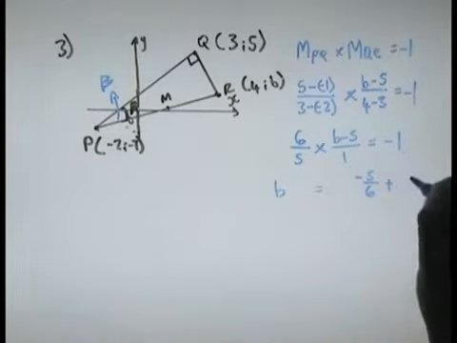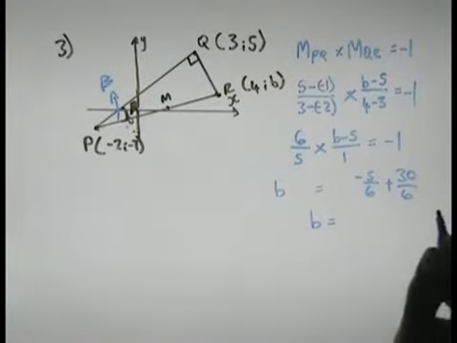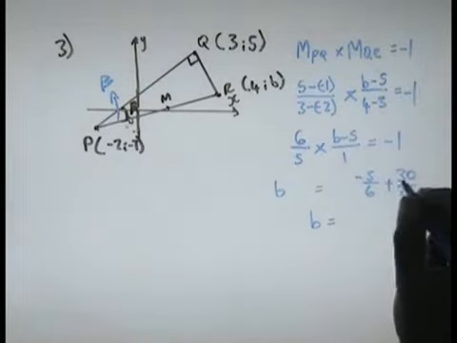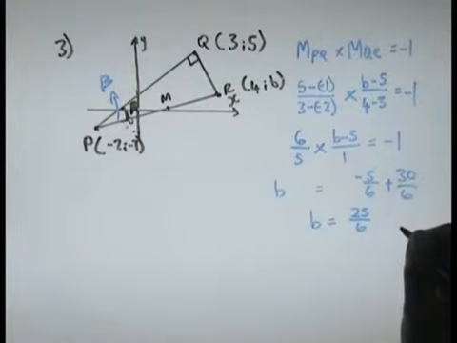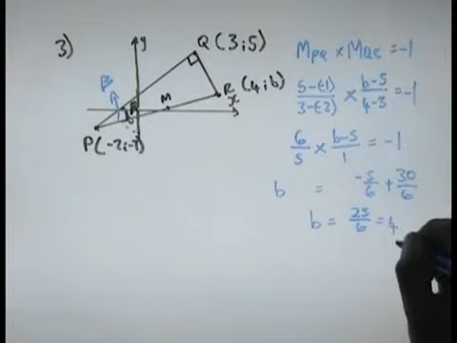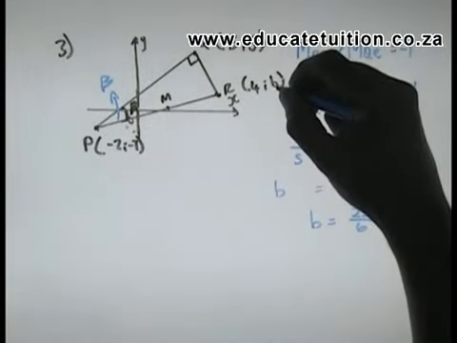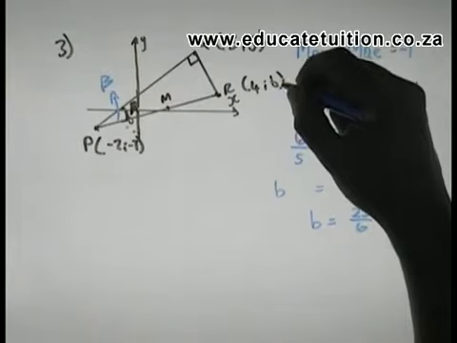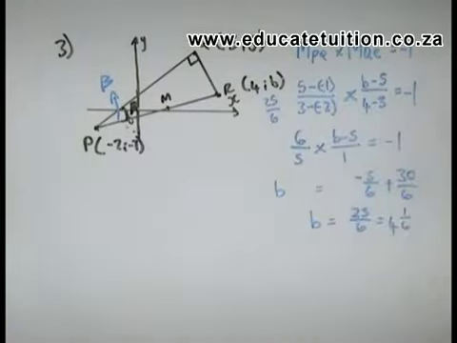Take the 5 across, it's going to become +30 over 6, common denominator. That means that b is equal to -5 plus 30, which is 25 over 6. You don't need to simplify it any further. If you do want to, that can become 6 into 24 4 times, remainder 1 over 6. So B is 25 over 6.